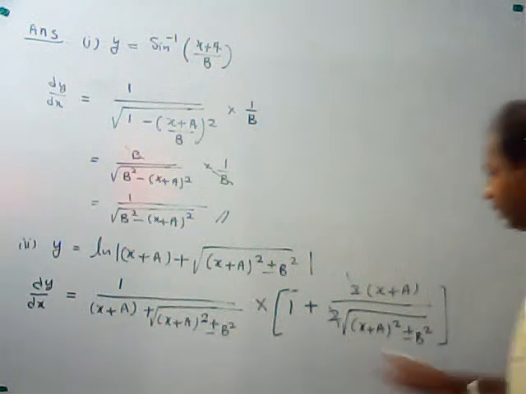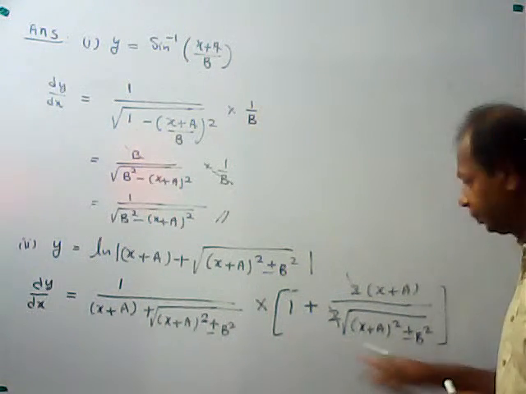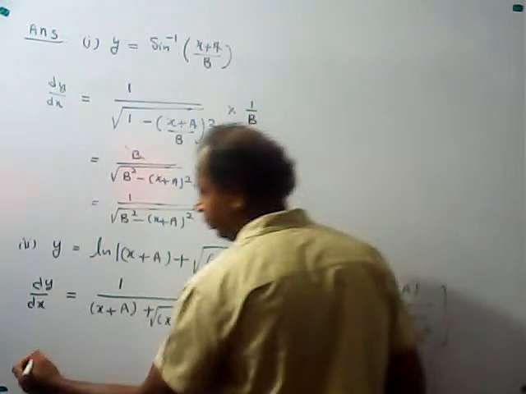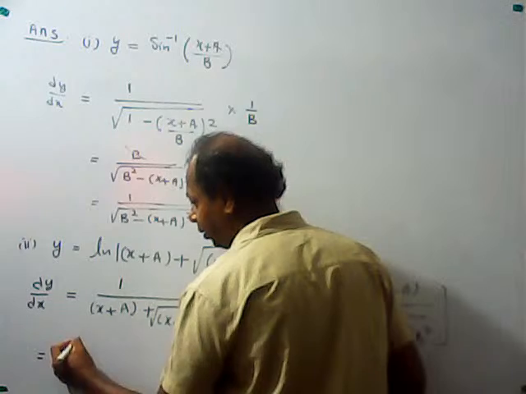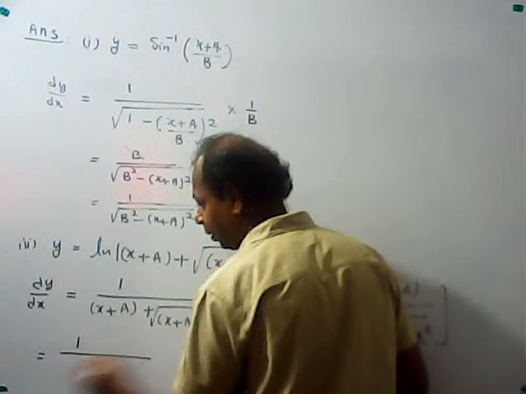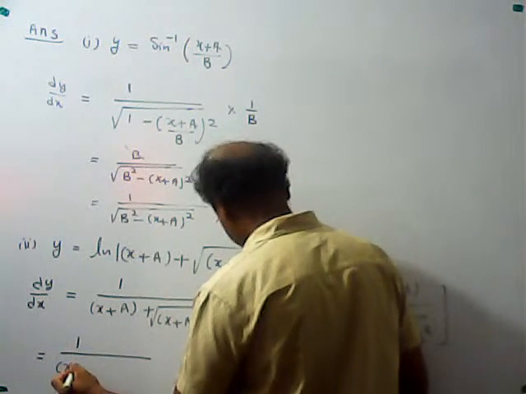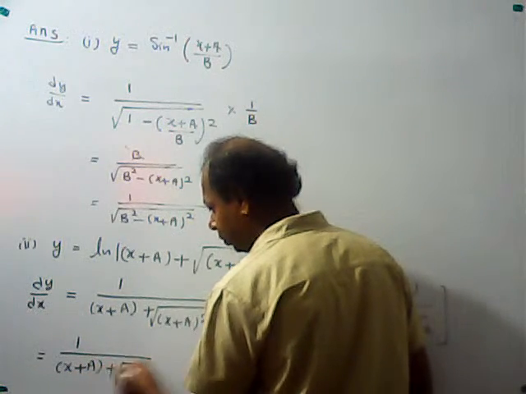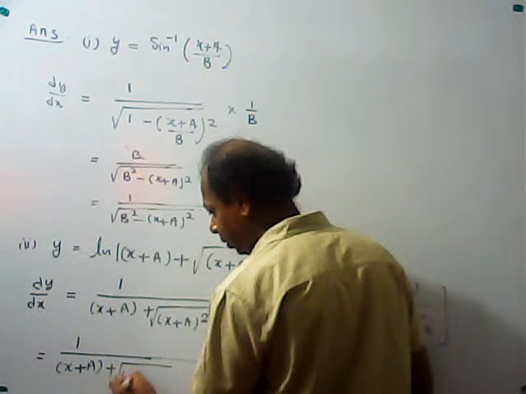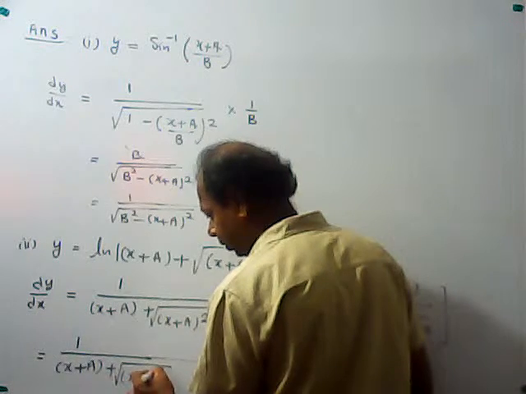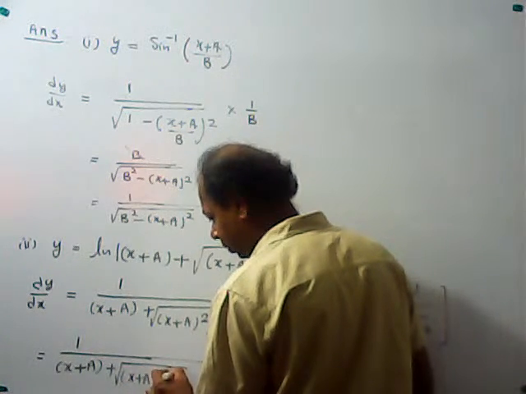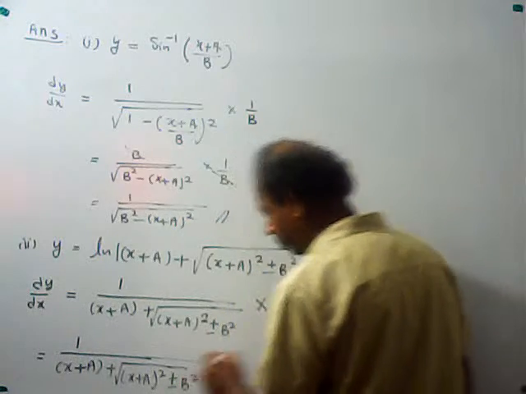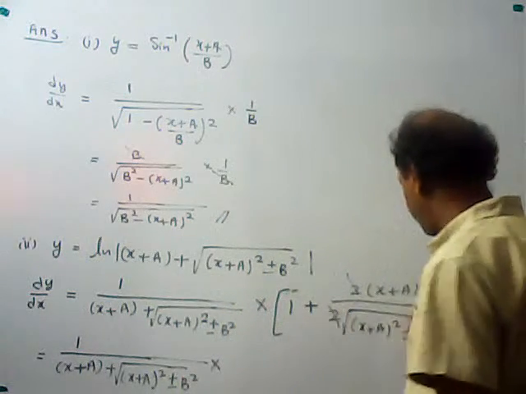The next step, we can simplify this part, taking the common denominator. It is 1 over x plus a plus square root of x plus a squared plus or minus b squared, into this part.